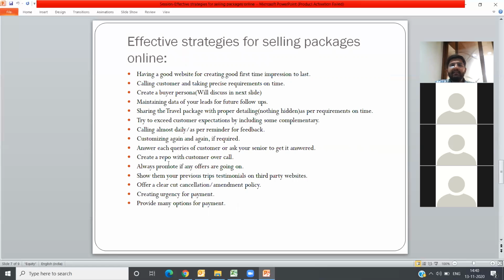So now I'll be discussing effective strategies for selling packages online. These are 10 to 12 strategies which I have jotted down, which I have studied, which I have felt are necessary to share with you. I didn't want to show you the first slide directly, because I want to make the terminologies clear so that you stand out from the market.